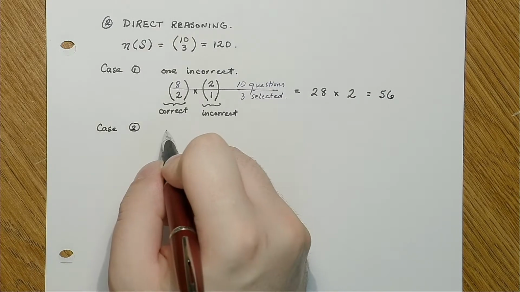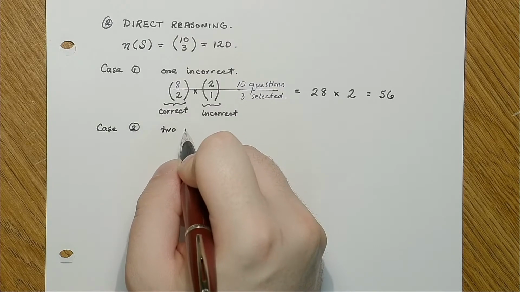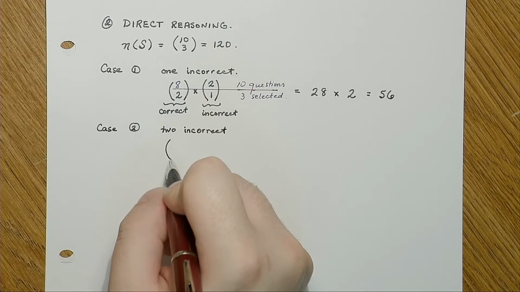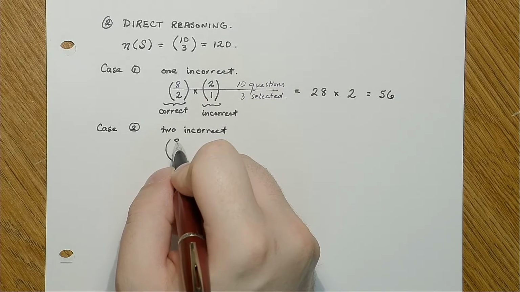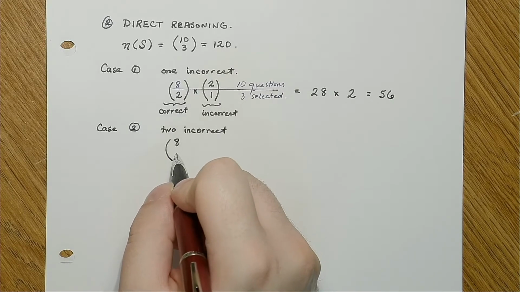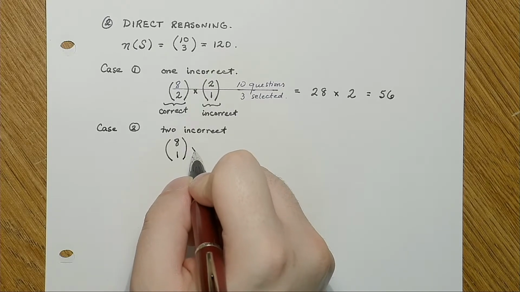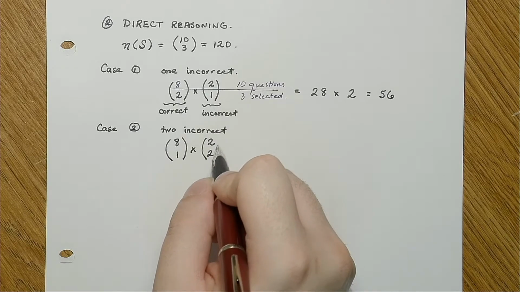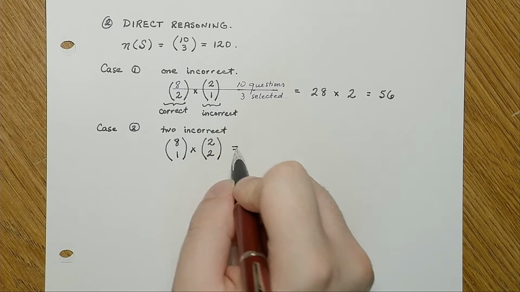Case 2, there would be 2 incorrect. So again, I have 8 correct questions. I want to pick 1 of those. I would have 2 incorrect questions. I'm going to pick all of them. This makes it a little bit easier.